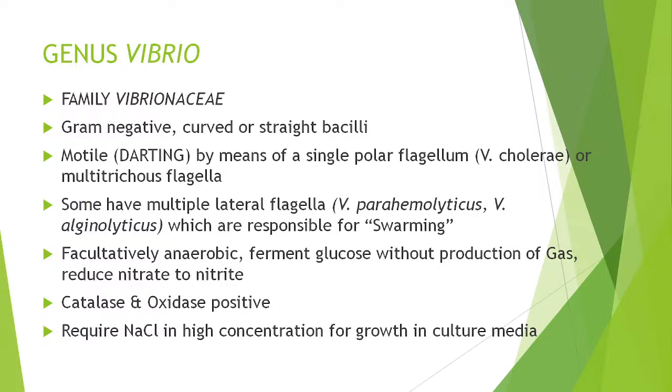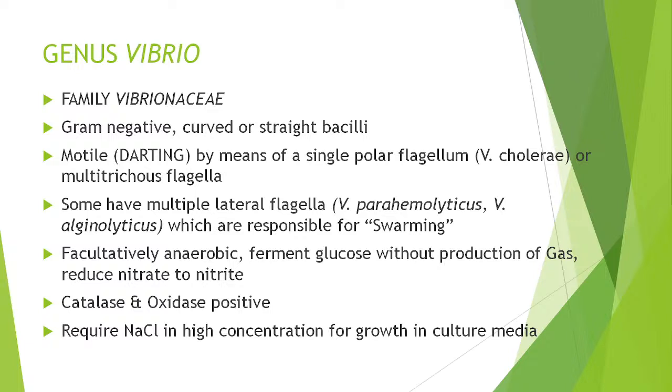So one of the key biochemical tests for that is oxidase positivity. Enterobacterales are usually oxidase negative. Most of the Vibrio are oxidase test positive. Another requirement is that they require sodium chloride or common salt in high concentration for growth in culture media, except for Vibrio cholerae.